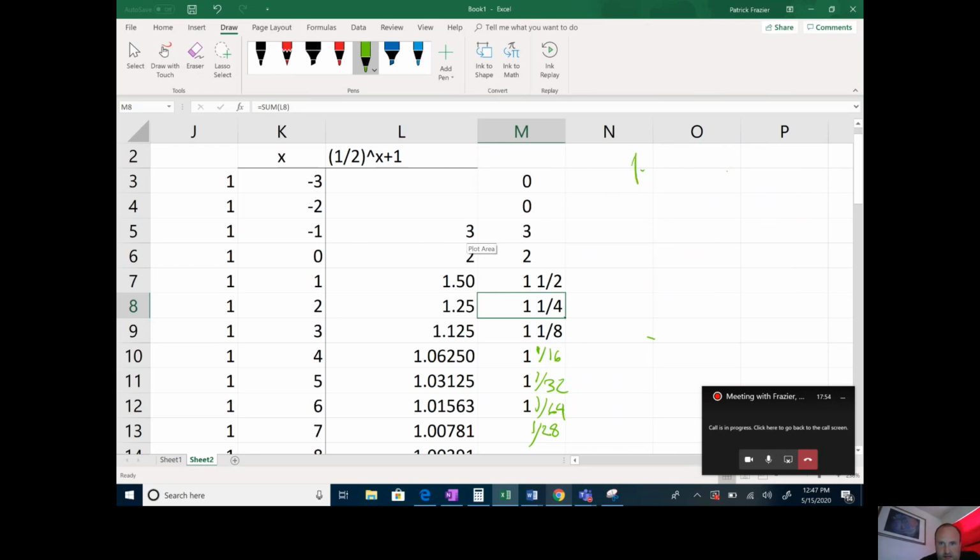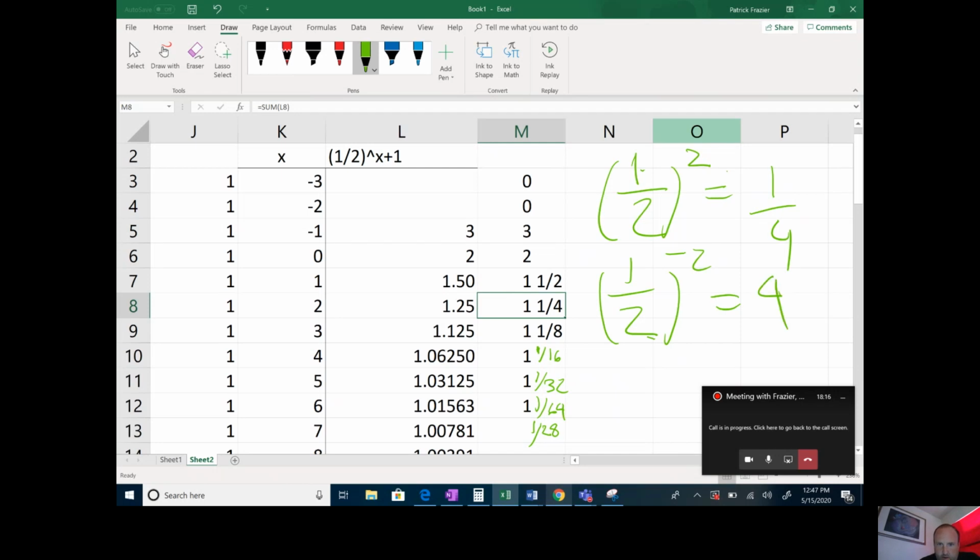So 1/2 squared equals 1/4. 1/2 to the negative 2 power would just equal, flip that over, 4. And it's 4 plus 1, so it should be 5.